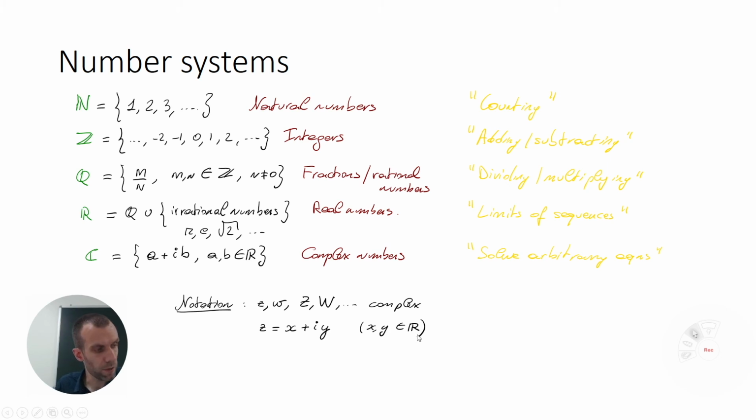And if we do that, then we call x the real part of the complex number, and y we call the imaginary part. And we denote those two by saying Re(z) is equal to x and Im(z) is equal to y. So Re just takes the real part, Im takes the imaginary part.